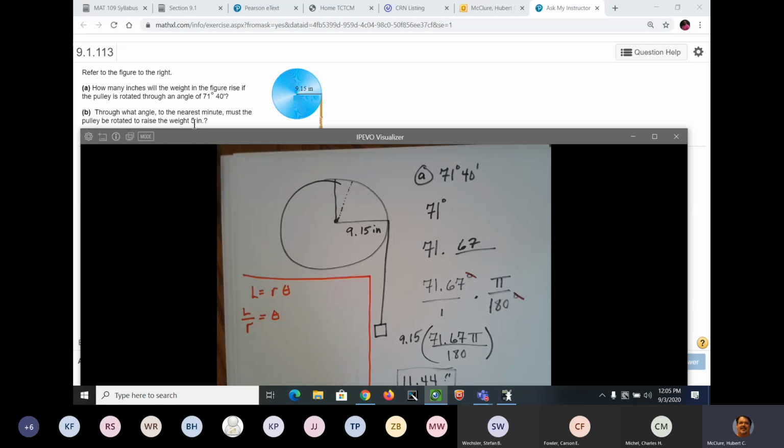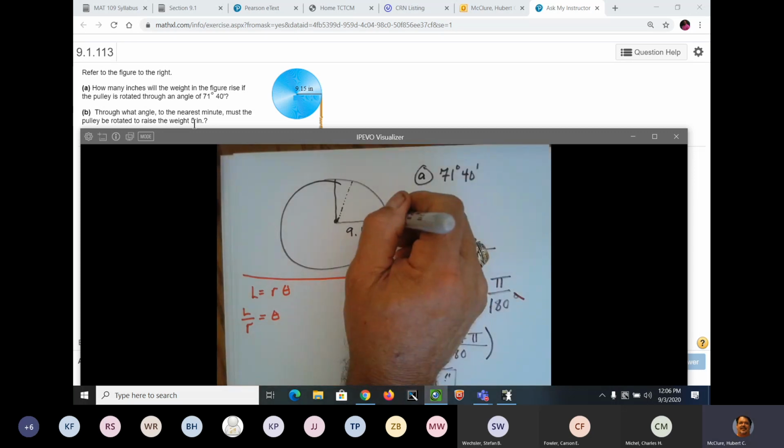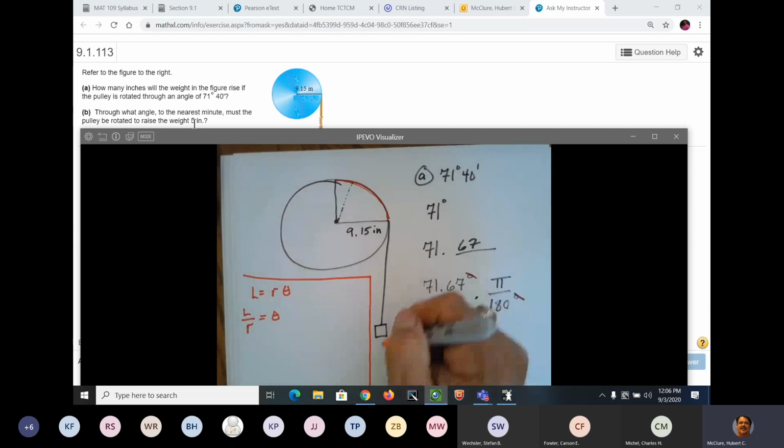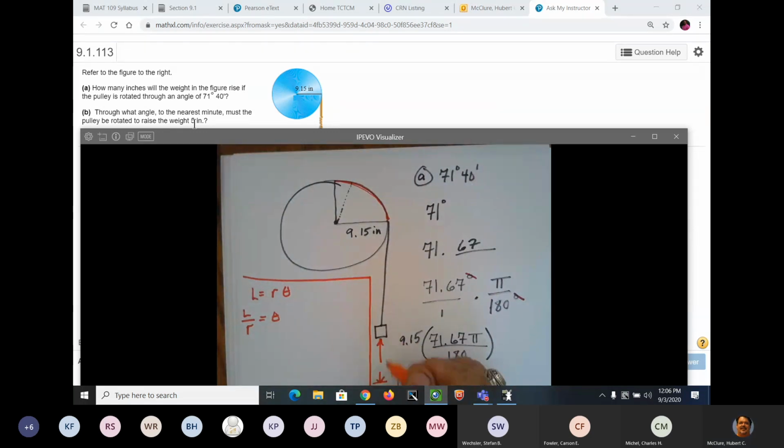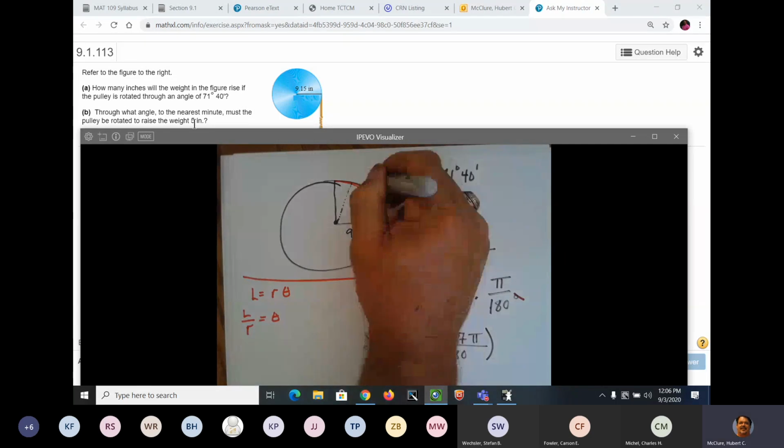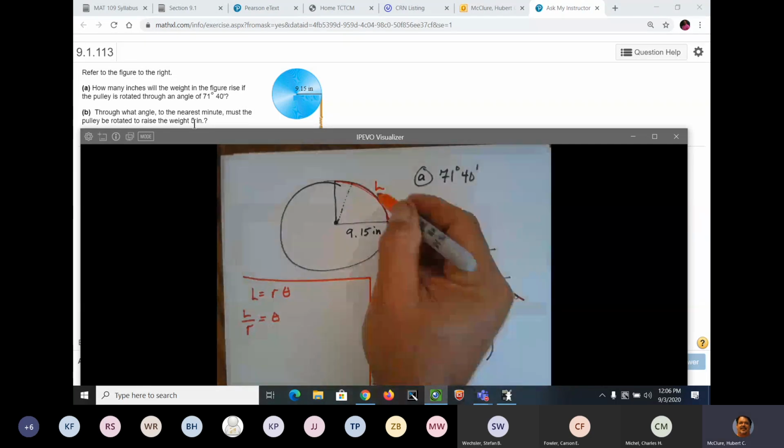Okay, so in this case, through what angle must it be rotated to raise the weight 5 inches? Well, the length that you move here is reflective upon this weight length right here. So those two are going to be equal.